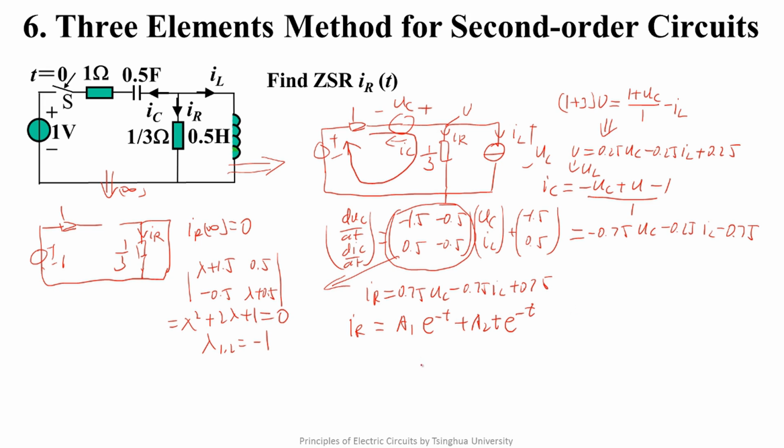Next, we need to find the initial value of IR and the initial value of dIR/dt in order to find the undetermined coefficients A1 and A2. We need to draw its 0 plus equivalent circuit for solving the initial values. Because the circuit is a zero-state circuit, the capacitor is replaced by a voltage source and the inductor is replaced by a current source.